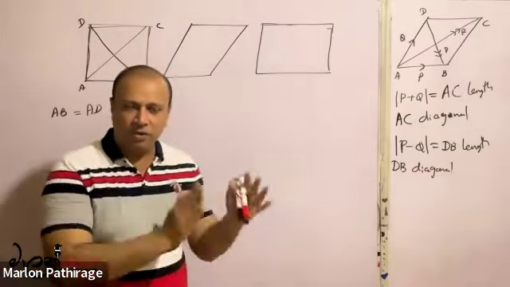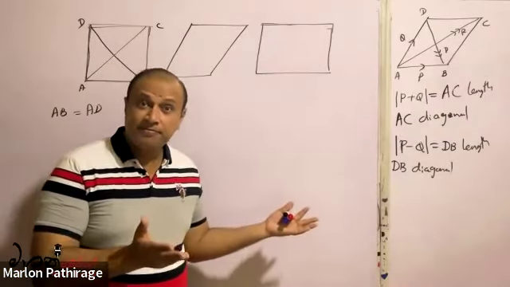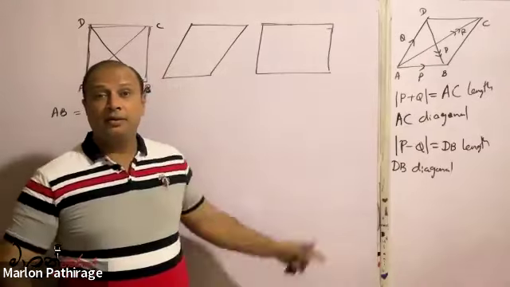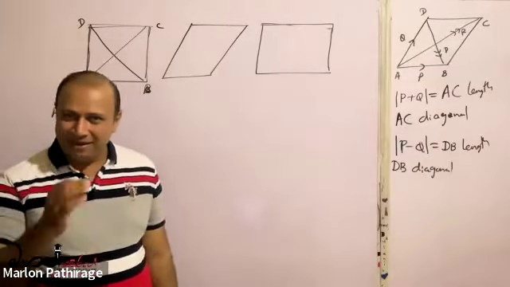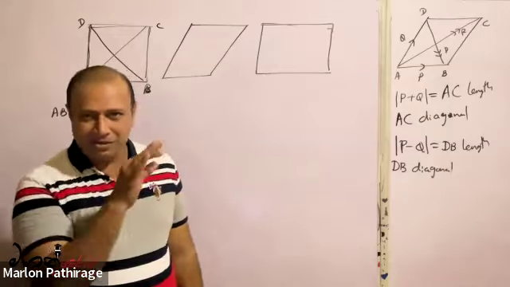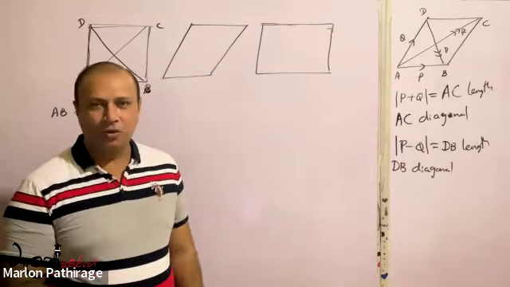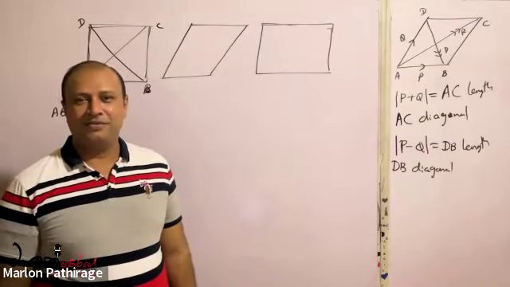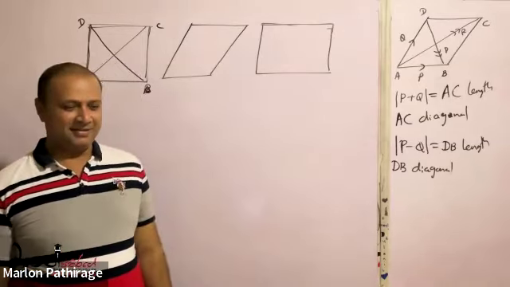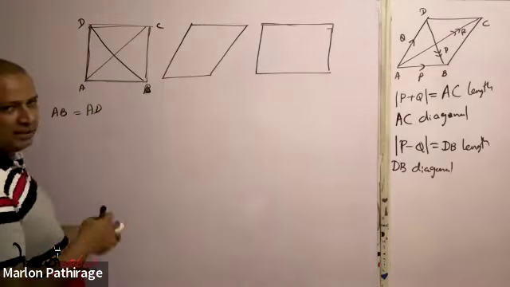If it is a square, if it is a rhombus, or whether it is a rectangle. So if you can identify or distinguish what kind of parallelogram this is, then you can give the answers without writing any single word. So what are the features of this one?